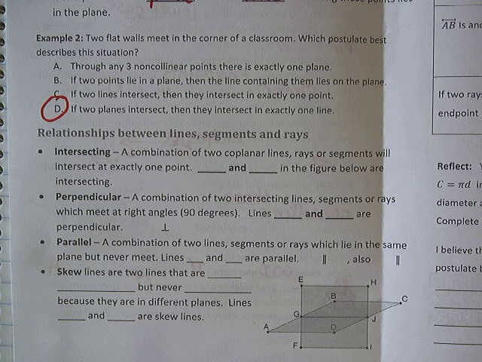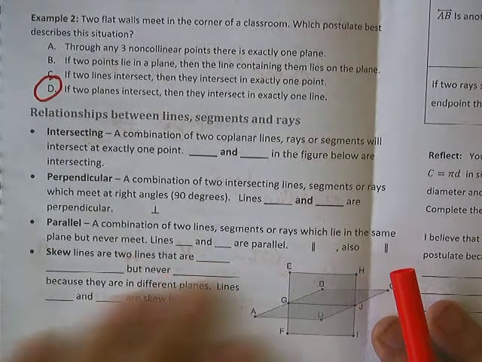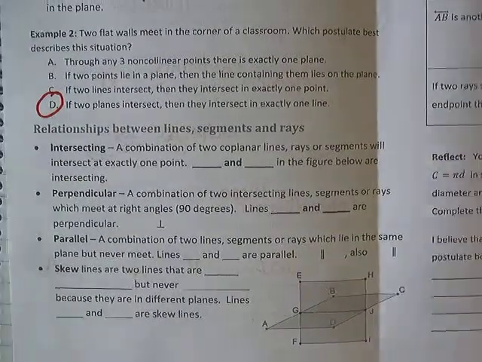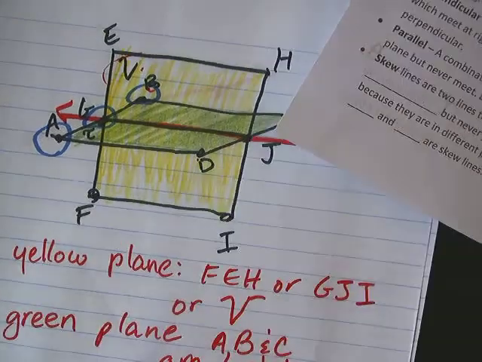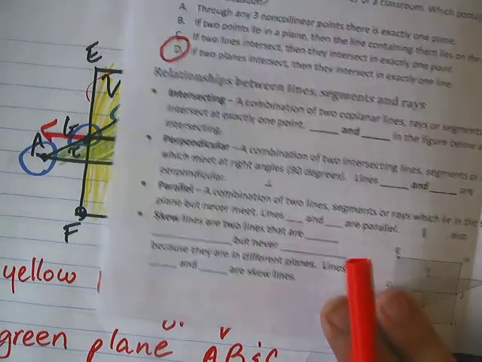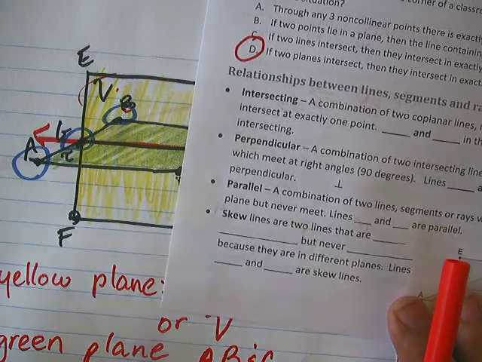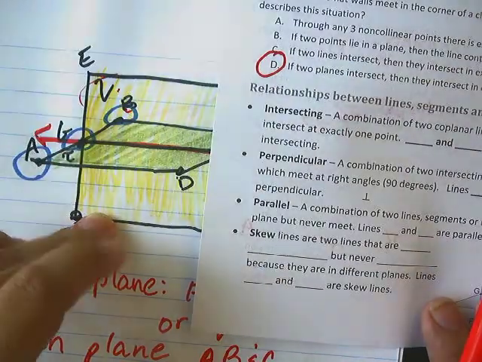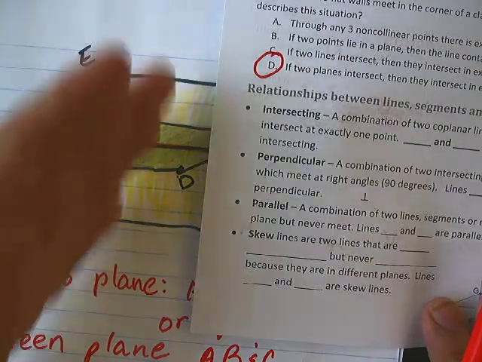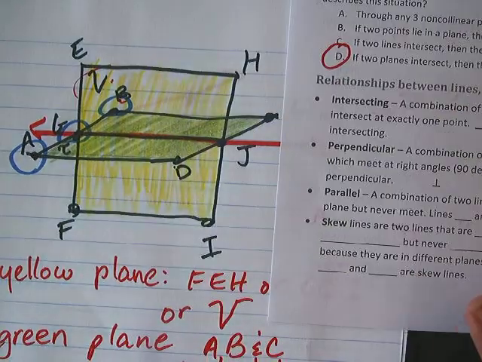So if you look at the figure here, it's pretty much the same figure as we have here. So here's our figure again. They have to be in the same plane, and they don't have to be in yellow or green. There are actually other planes in here that you can't see where they connect.